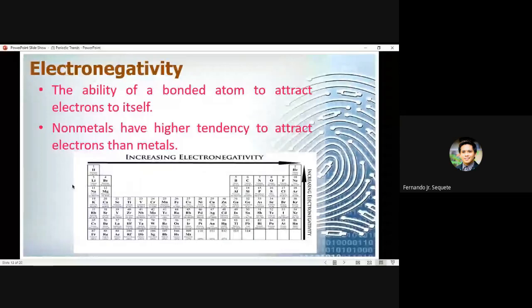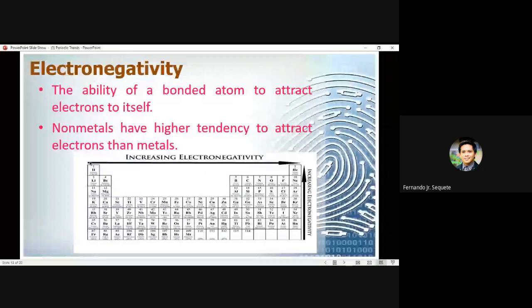Kasi nga, yung metals or yung power ng metals, lumalaki pagbababa tayo. Since lumalaki yung mga metals dito, therefore, ang electronegativity nag-decrease siya. Pero kung pupunta tayo sa opposite side, therefore, nag-increase. Okay?